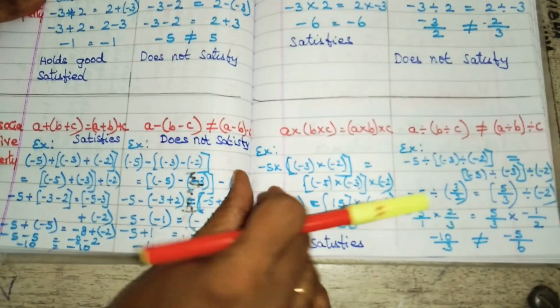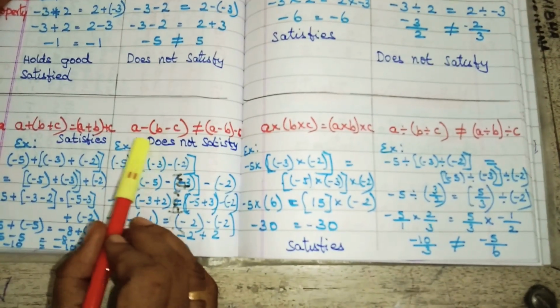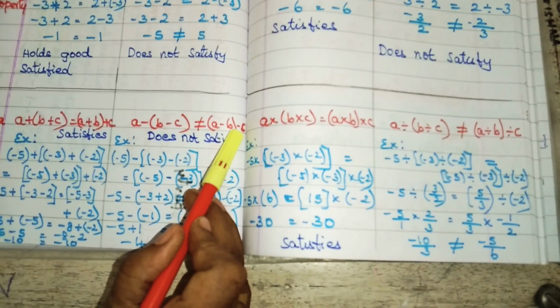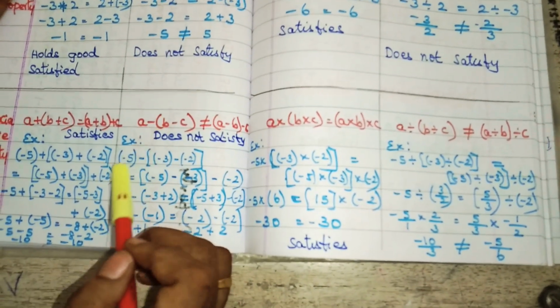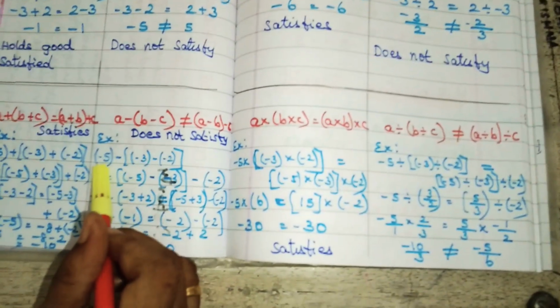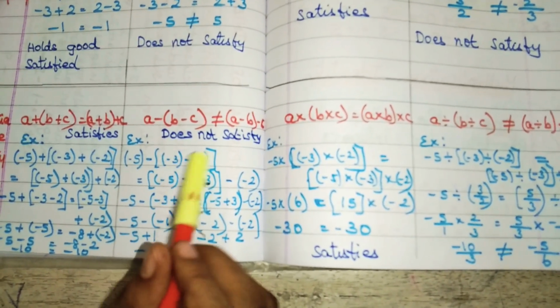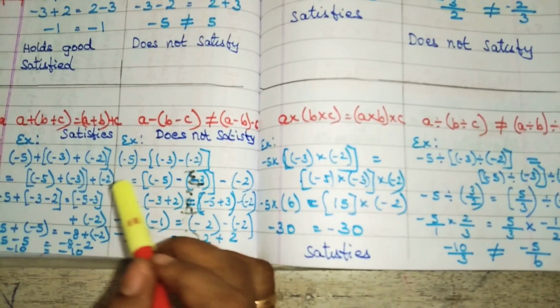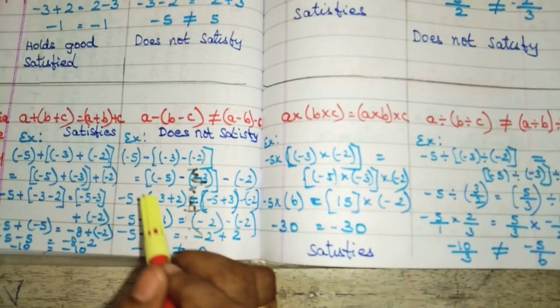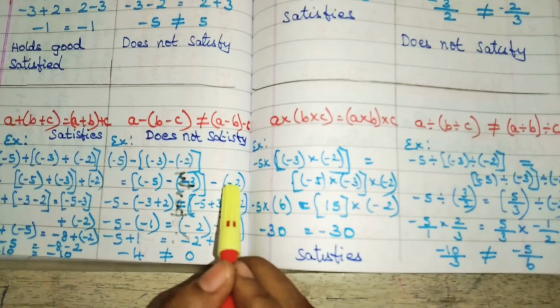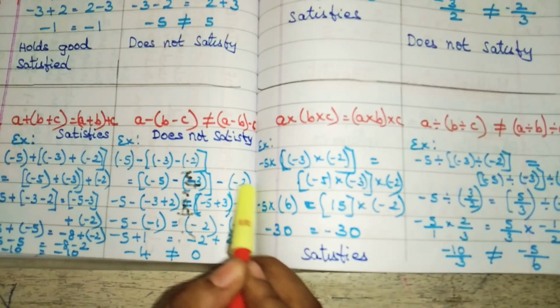Next, going on to the subtraction. A minus B minus C is not equal to A minus B minus C, with the brackets placed differently. The same thing: first number A separately, minus 5 minus, within bracket, minus 3 minus of minus 2, is equal to A and B within bracket, minus 5 minus of minus 3, minus separately C, and the other bracket, minus 2.